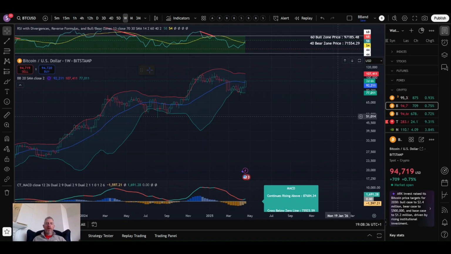So, a good bit of a buffer there for the weekly candle to close above the midpoint of the Bollinger Band. And as I said in my earlier video, that doesn't really do much with regards to signaling for more upside.